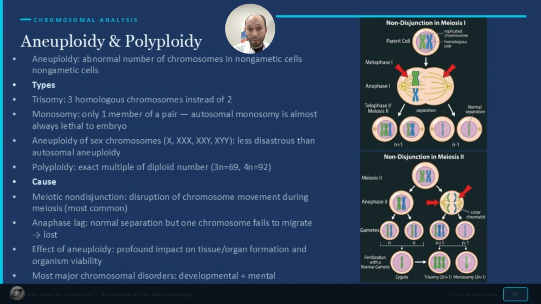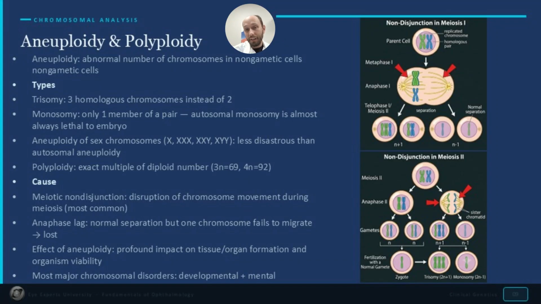It will be +1 or it's going to be missing 1. Sometimes you can have anaphase lag, where the chromosome just fails to migrate and gets lost during division. But the idea in the end is if you have the wrong number, you can have disease.